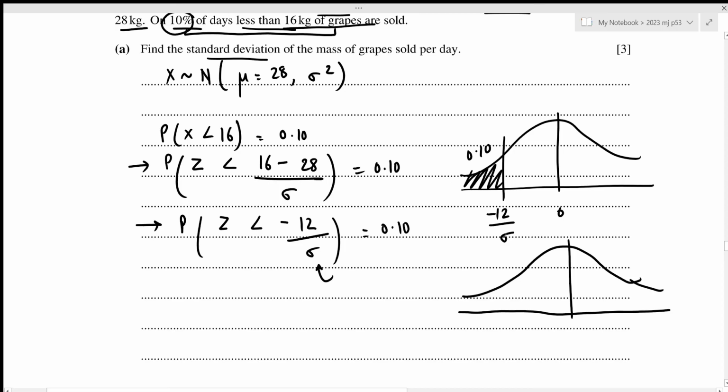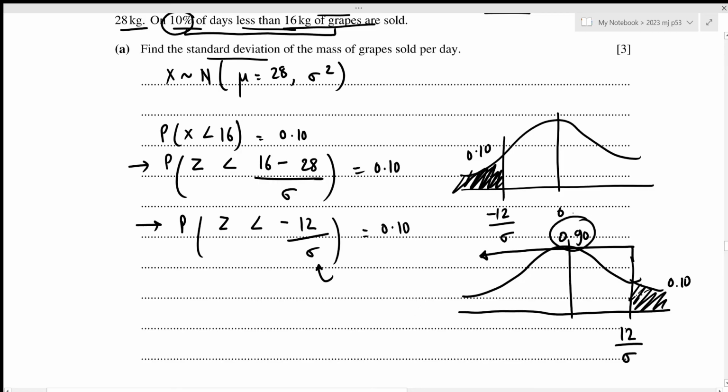So negative 12 by sigma can be shown here as positive 12 by sigma. The probability of greater than this value will be equal to less than the negative value, so 0.10, which means that the probability of less than 12 by sigma will be 0.90. That's what we're looking for in this case.